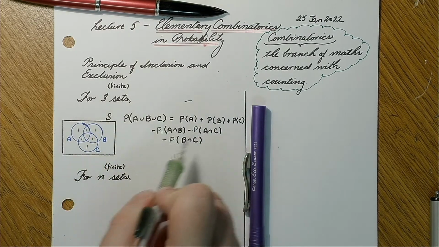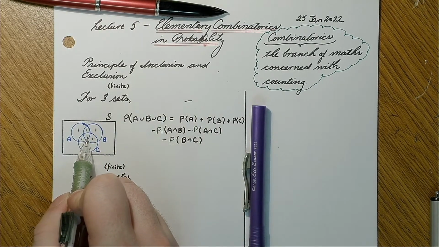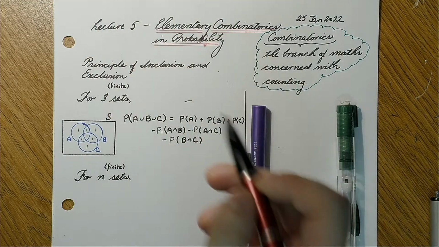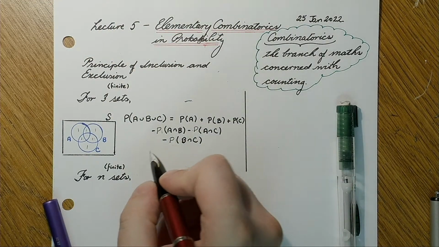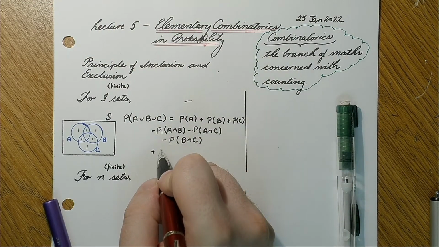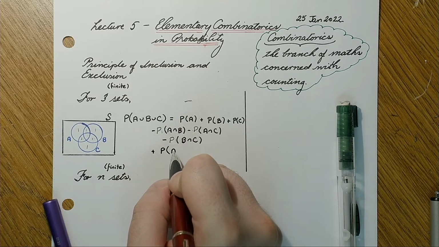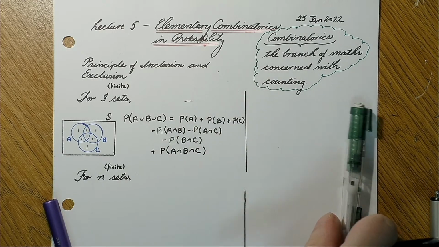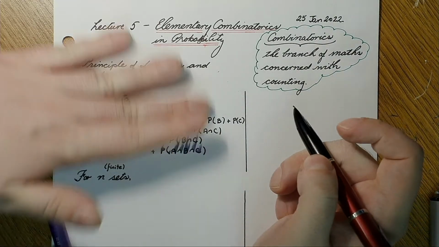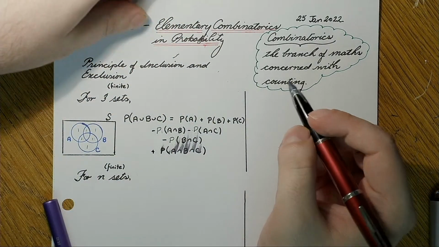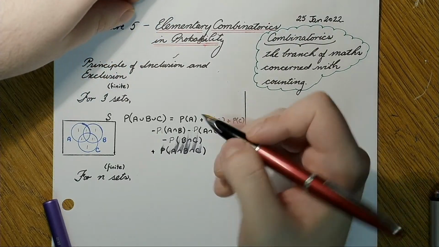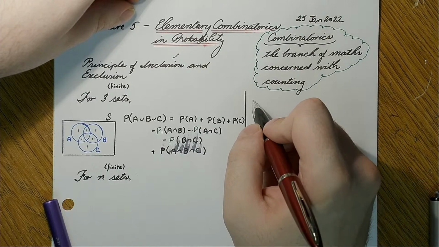So I've removed all those, but now I'm left with nothing in the three-way intersection. So I need to add that back in. Plus the probability of the three-way intersection. Okay. The paper didn't soak the ink fast enough. Okay. So anyways, sorry about that.